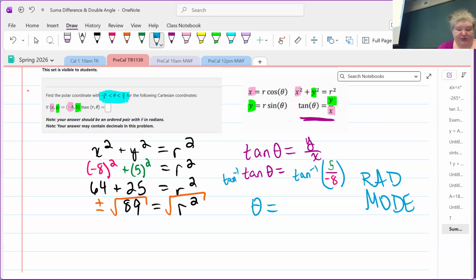So the inverse tangent of 5 divided by -8. And see, I forgot to change my mode, so it spit out -32. And I'm like, that's not a radian number. There we go. So -0.5585.